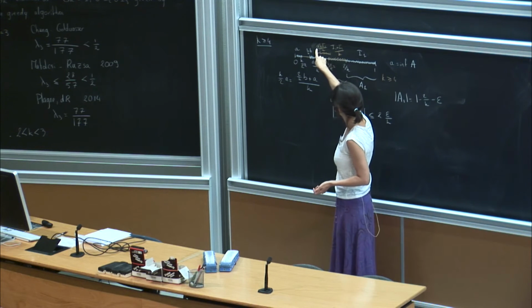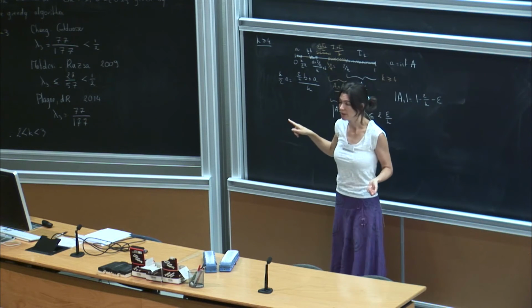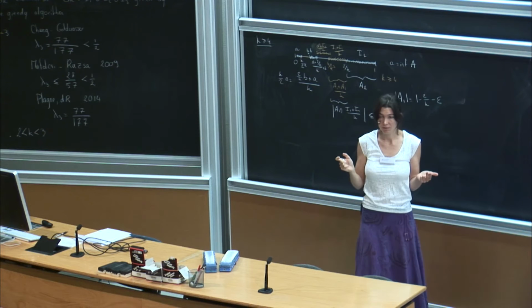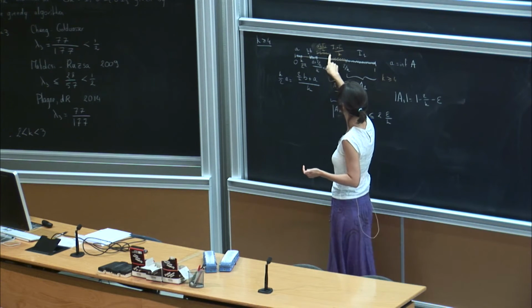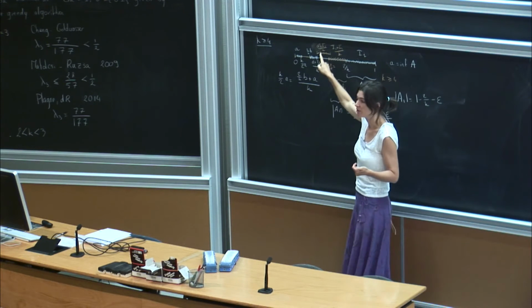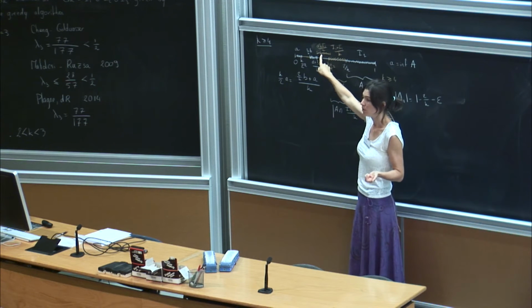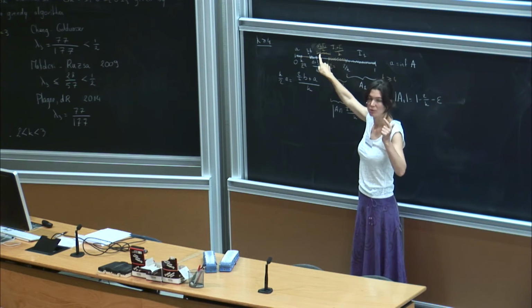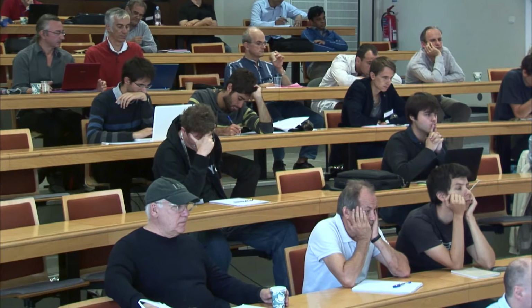You will have A plus A1 divided by k, which is a forbidden set. And so you cannot have more than the size of the whole interval minus the size of A plus A1 divided by k. It means that the intersection of A with this interval cannot have size larger than epsilon divided by k.